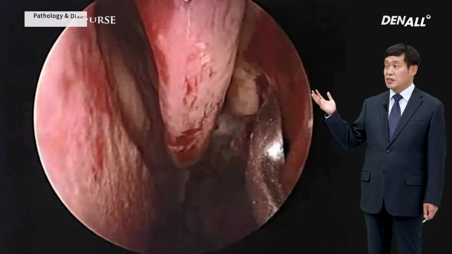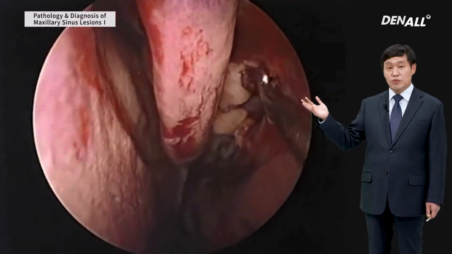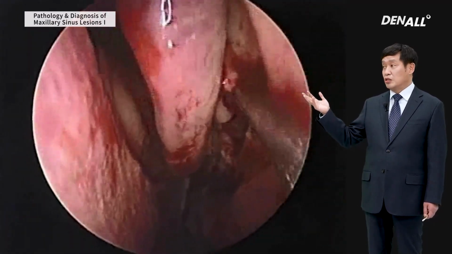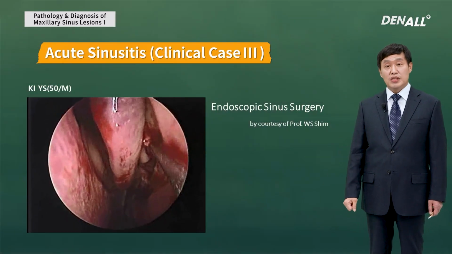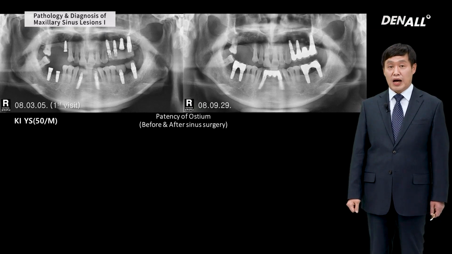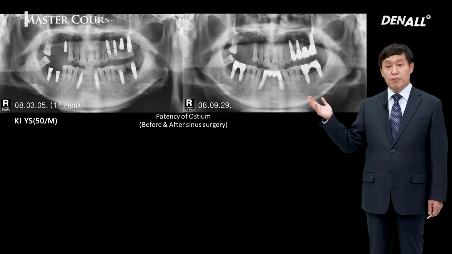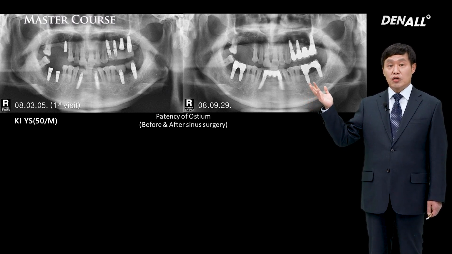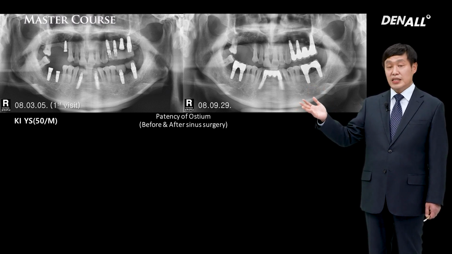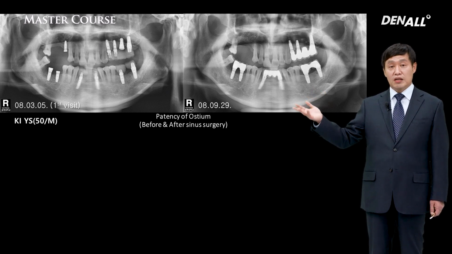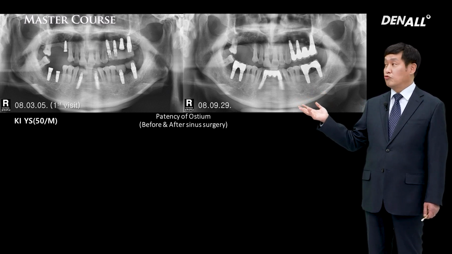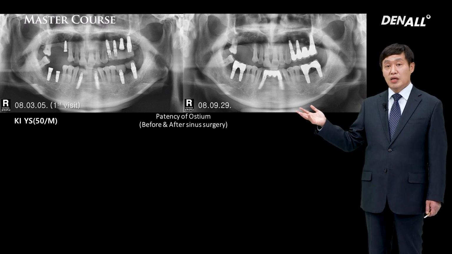As shown, in order to restore the maxillary sinus function, you can see that more fundamental treatment is necessary to improve the situation. This is the panoramic image at the initial visit. This is 6 months after endoscopic sinus surgery.